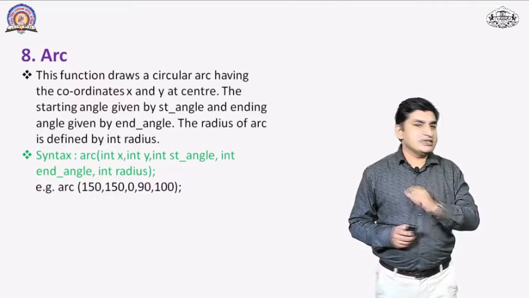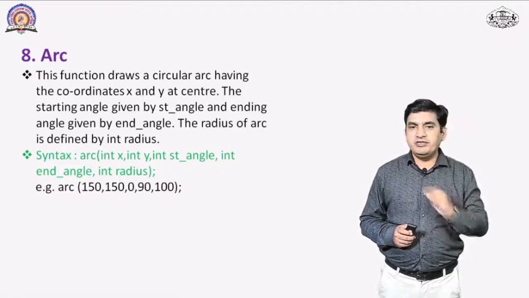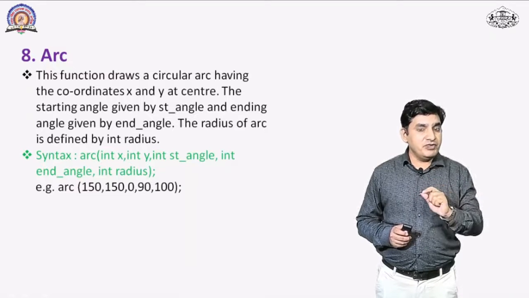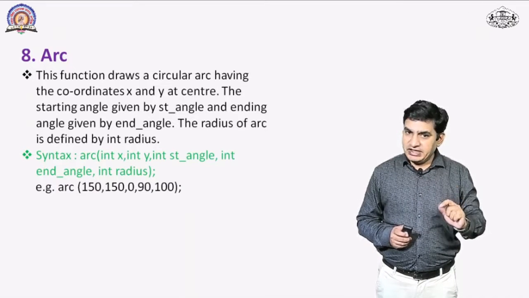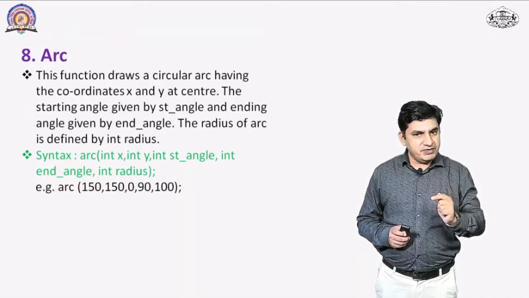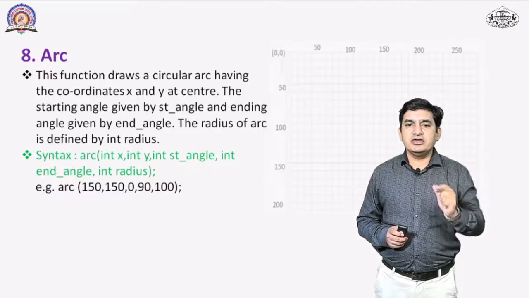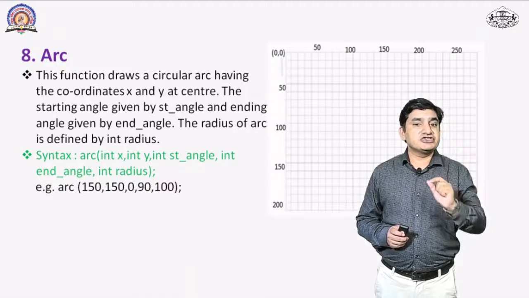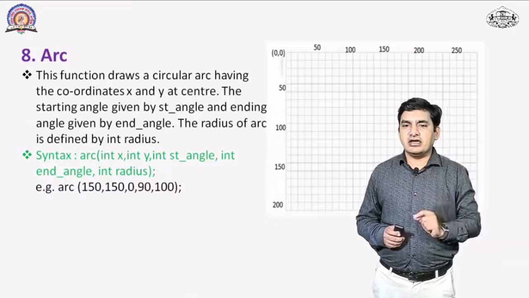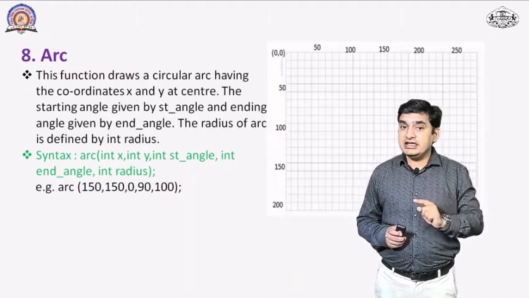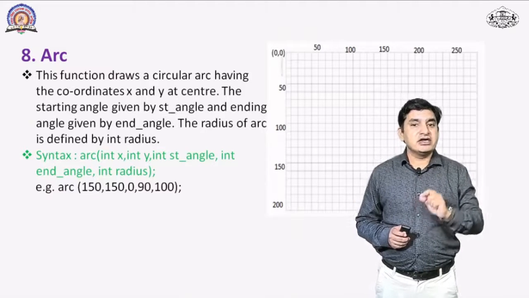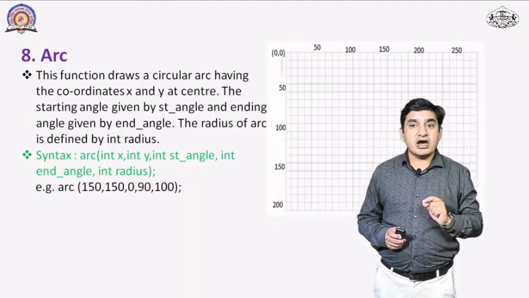Here example is arc(150, 150, 0, 90, 100). 150 is the x coordinate, 150 is the y coordinate, which gives the center of the arc. 0 is the starting angle, 90 is the end angle, and 100 is the radius of the arc.